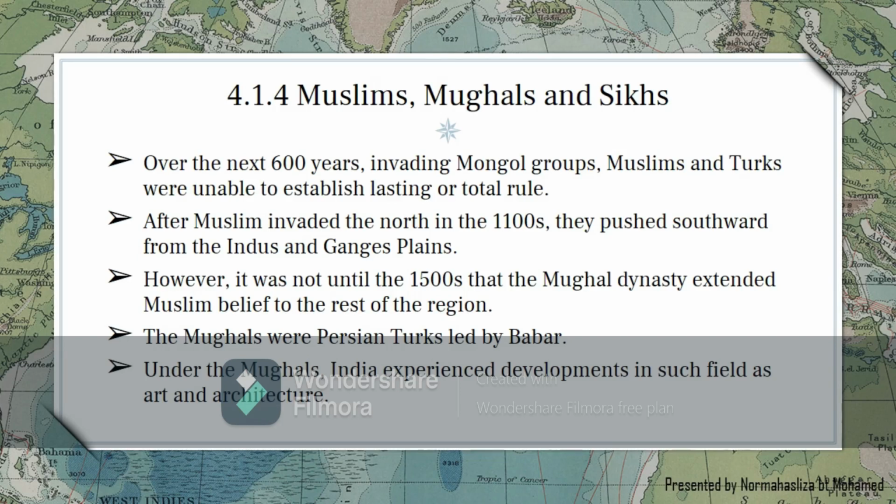The Mughals were Persian Turks led by Babur, a descendant of the Mongols. After the Mughals, India experienced development in fields such as art and architecture. The Taj Mahal and many other Mughal buildings constructed in the 1600s survive throughout the regions.